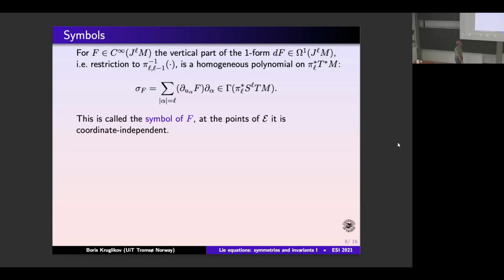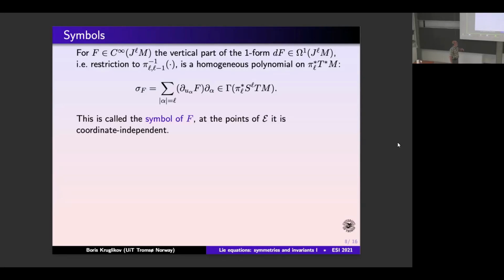Okay, so the symbol is just, as I said, a homogeneous polynomial. We can write it as follows: we linearize our operator and we drop all lower order terms, leaving only the summation where the length of the multi-index alpha is l. So we get an l-vector, and that's called the symbol.